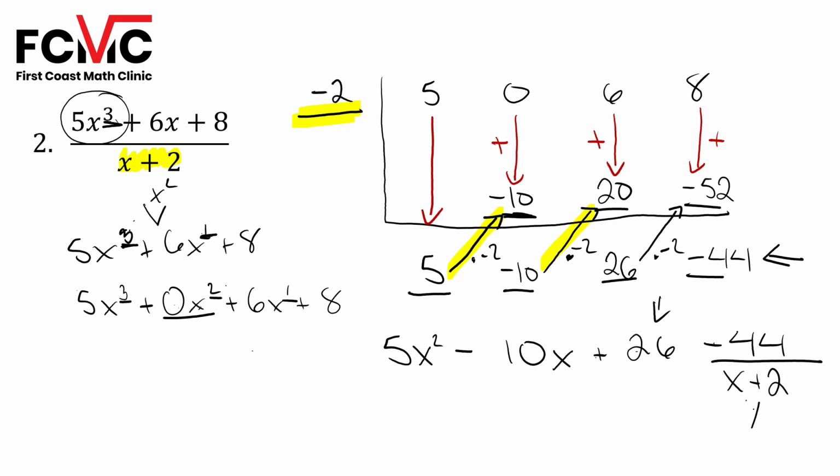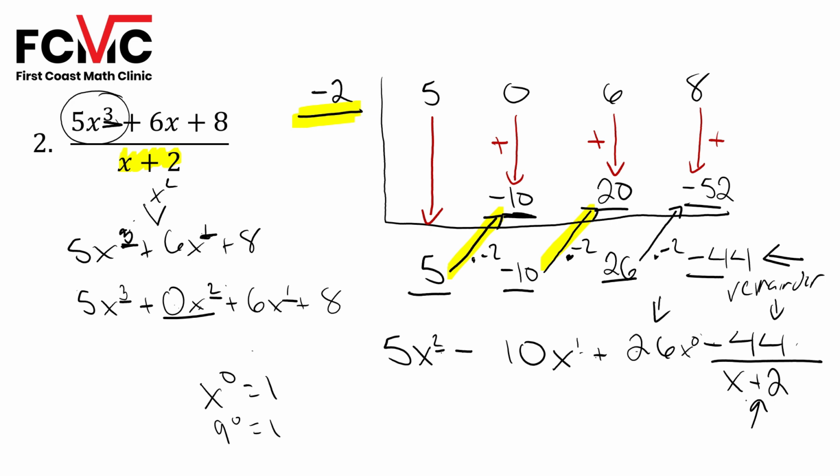Now, if you're confused as to where that remainder goes, think about the power on your x's. This is x to the second. This is x to the first. This 26, that would be like x to the 0 power. Once you get x to the second, x to the first, x to the 0 power, whatever you have left, that's going to be your remainder. And remember, anything to the 0 power is 1: x to the 0 is 1, 9 to the 0 is 1.